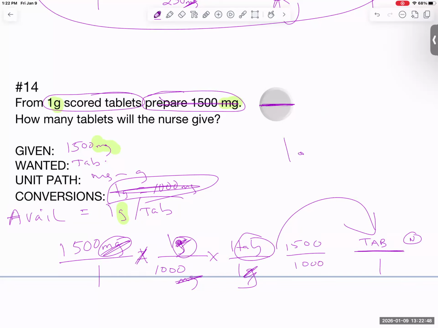And can I give the patient 1.5 tablets based on this scoring? Yes, absolutely. So when I go into my patient's room with that medicine cup, I'm going to have 1 whole tablet and then 1/2 of a tablet. And when I give this 1.5 tablets, that equals 1,500 milligrams, what the doctor ordered. Woo! All right.